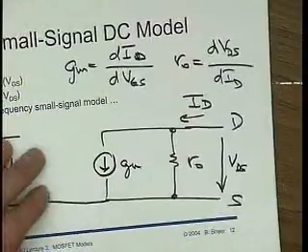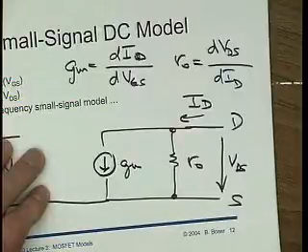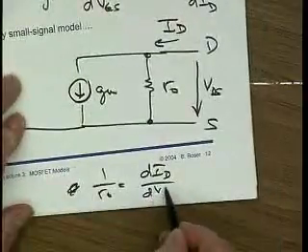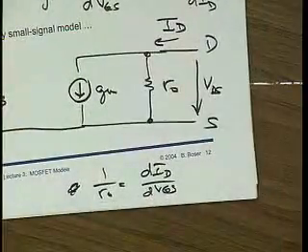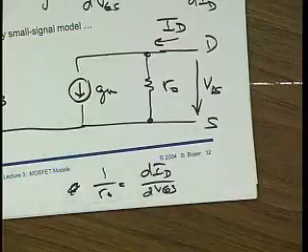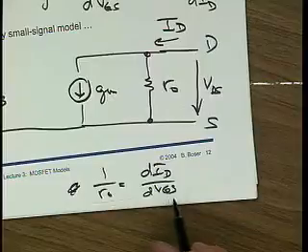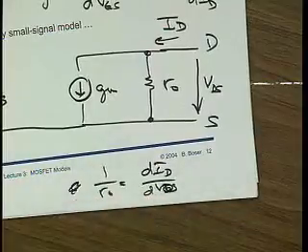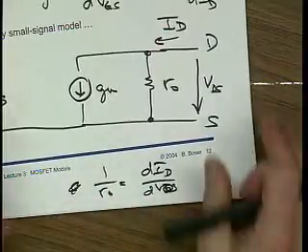Probably a better way to write that would be 1 over Rout is dID over dVDS, because then you could, for example, use the square law model to calculate what Rout is. Otherwise, you would have to solve first for VDS.